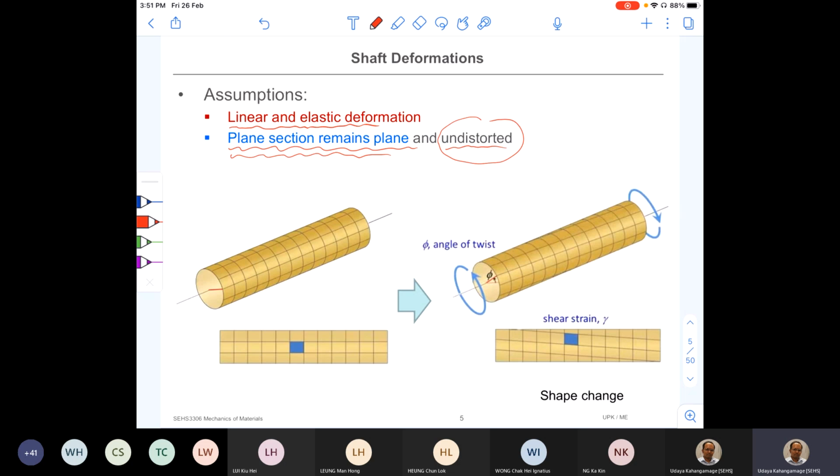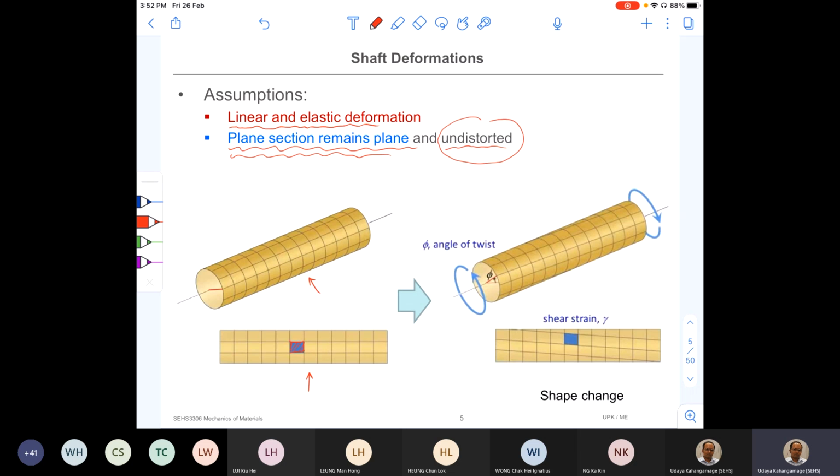To understand what's going on once we apply the torque, look at the first diagram where I put a grid on, and if I look from this direction, you will get this diagram, right? So this is how it looks. And then please pay attention to this blue rectangular block here.